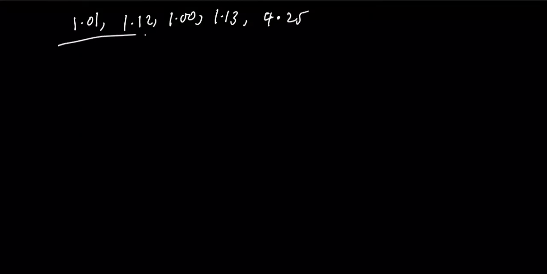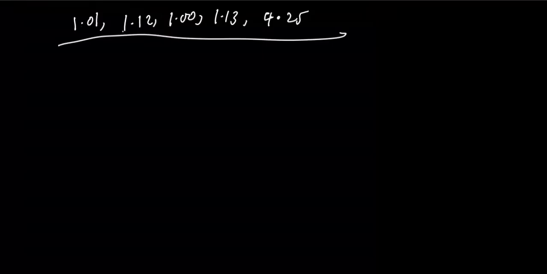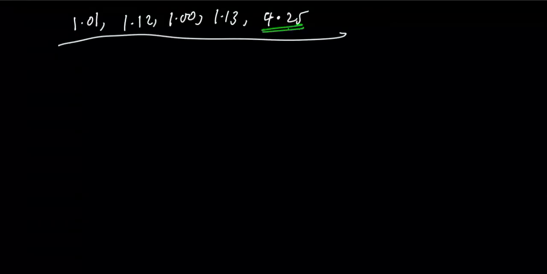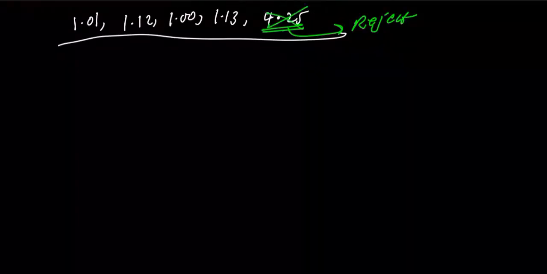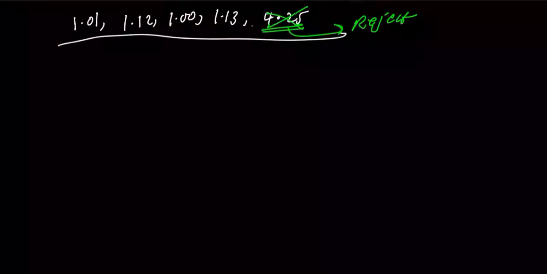Whenever you are given this in chemistry to solve for, whether you want to find the absolute error or something like this, take note that we are going to reject this value. You will cancel out this value and solve for the rest, because this is too far from the set of data that you have.